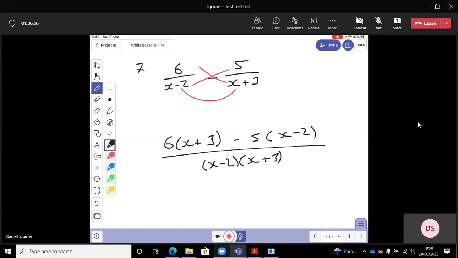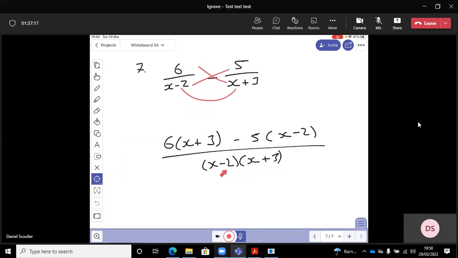Another thing that wasn't particularly well done is putting this bottom line into brackets. So we're doing x minus 2 multiplied by x plus 3. That's what these brackets mean. So this term is multiplied by this term.